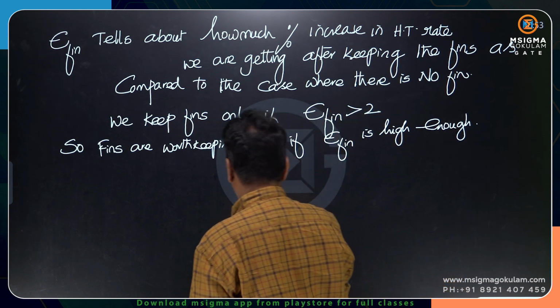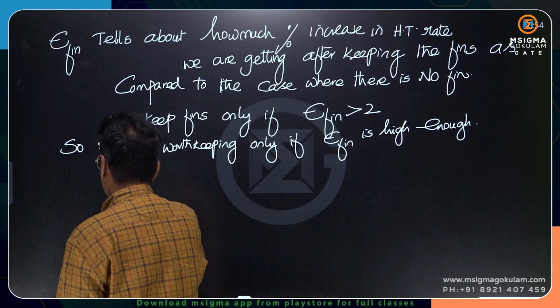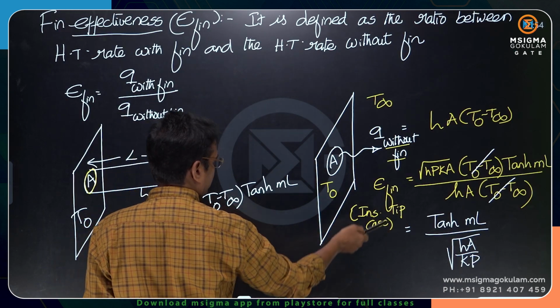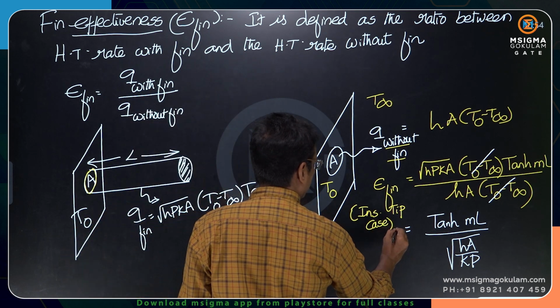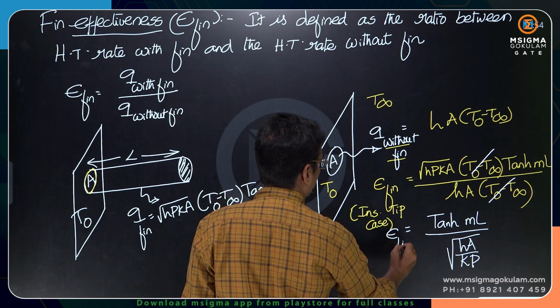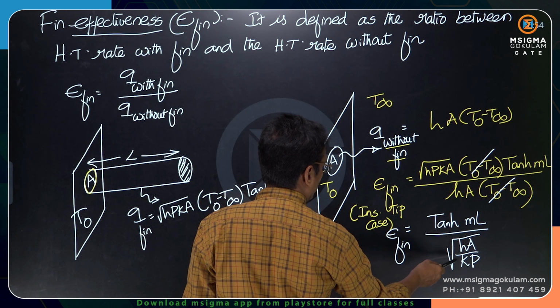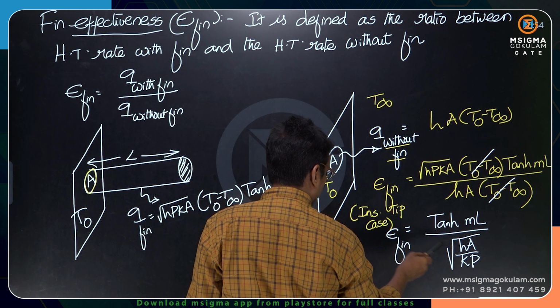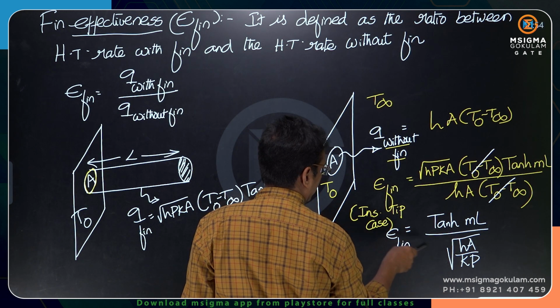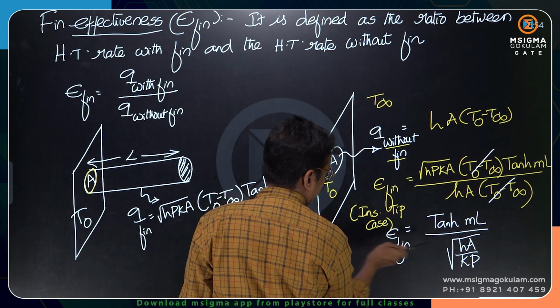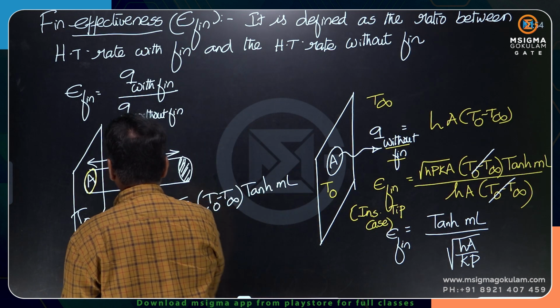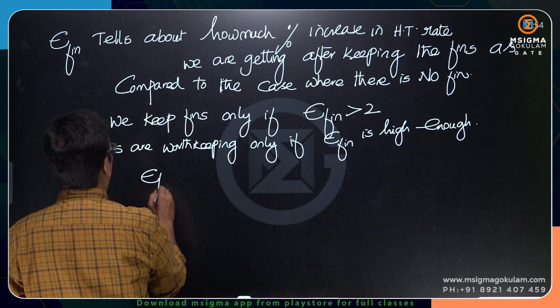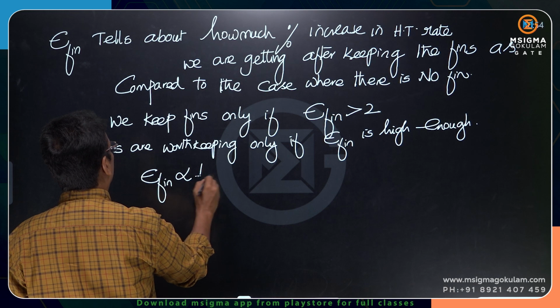We can see in the previous formula also, we can observe that effectiveness of the fin is directly proportional to 1 by root h, and directly proportional to the root of P by A. Okay, there are certain things we can understand from this formula. Effectiveness of the fin is directly proportional to 1 by root h.